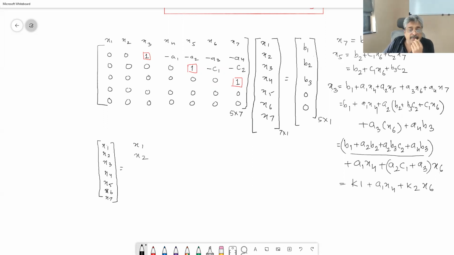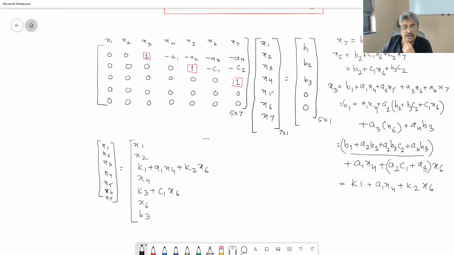So k1 plus a1 x4 plus k2 x6, that is x3. x4 is free. x5 we have got, let us call this k3, plus c1 x6, that is x5. x6 is a free variable and x7 is equal to b3. So this is what your solutions are.